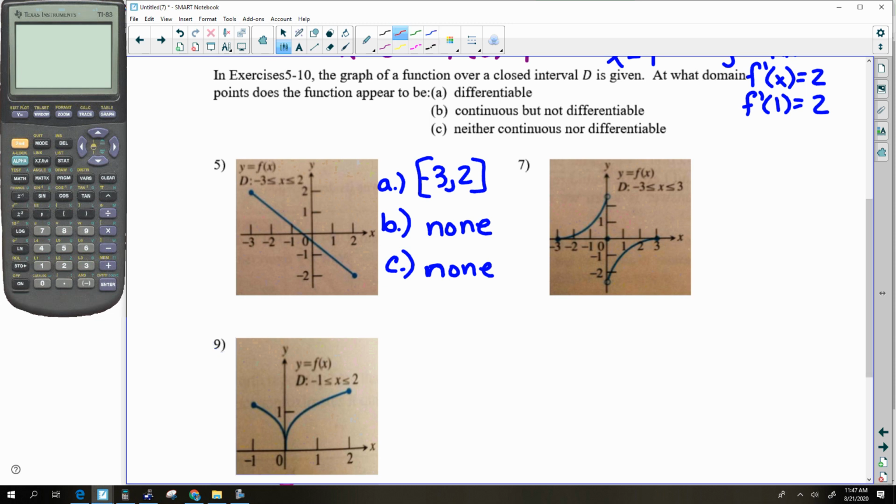Number 7, where is this differentiable? So it is differentiable from -3 to 0. And 0 to 3.